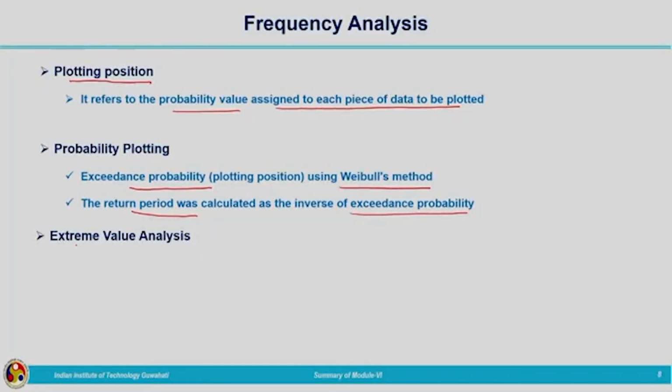After that, we moved on to extreme value analysis. We carried out extreme value analysis by making use of the Gumbel distribution. We saw 3 different types of probability distributions: extreme value type 1, extreme value type 2 and type 3. We looked into the extreme value type 1 distribution in detail, that is, Gumbel's distribution.